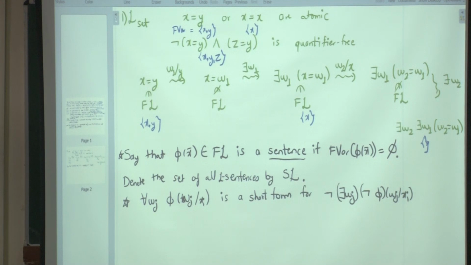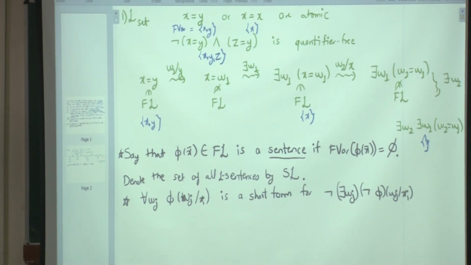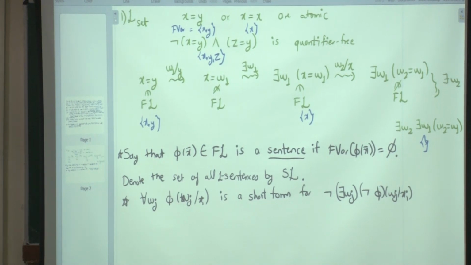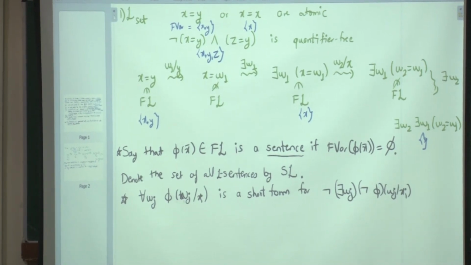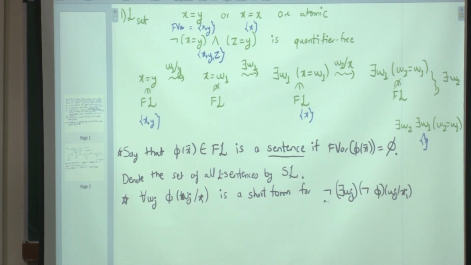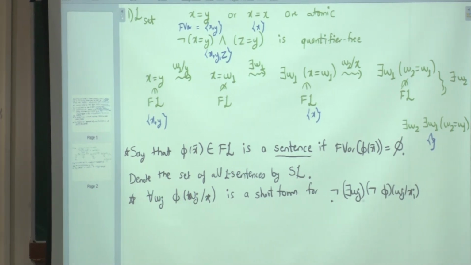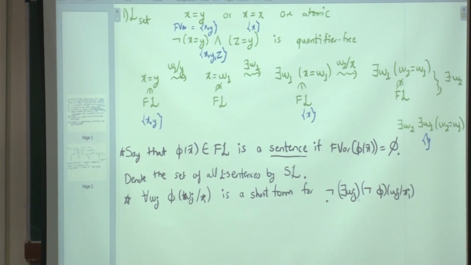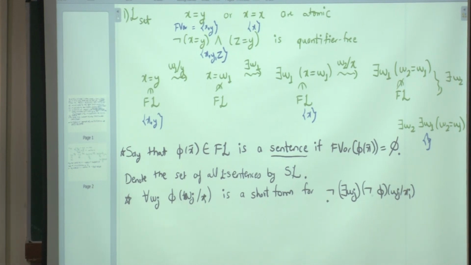Okay? Hopefully everybody got this. Yeah? Yes, I am saying for all Wj phi holds. What is the meaning? That it is not the case that there is a witness, as in there exists a Wj for which phi does not hold.